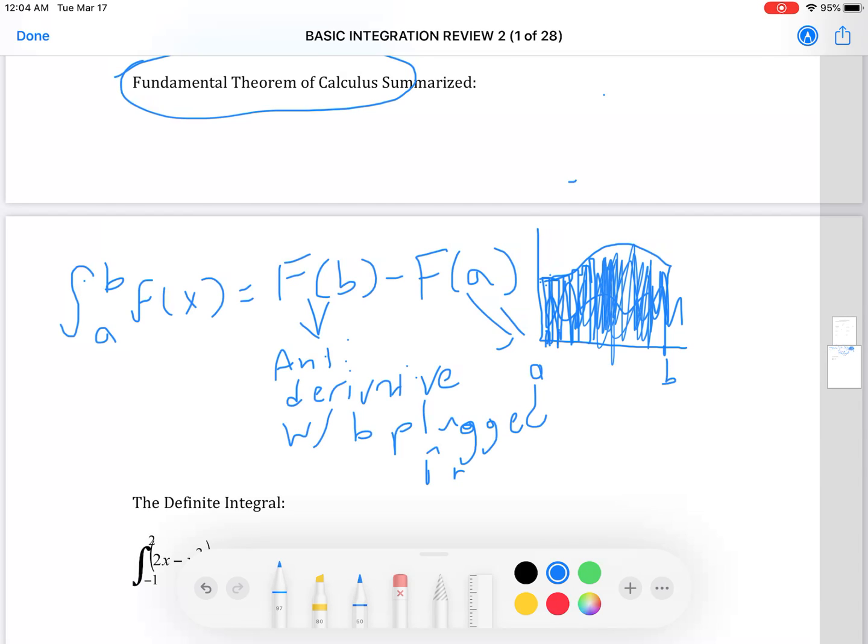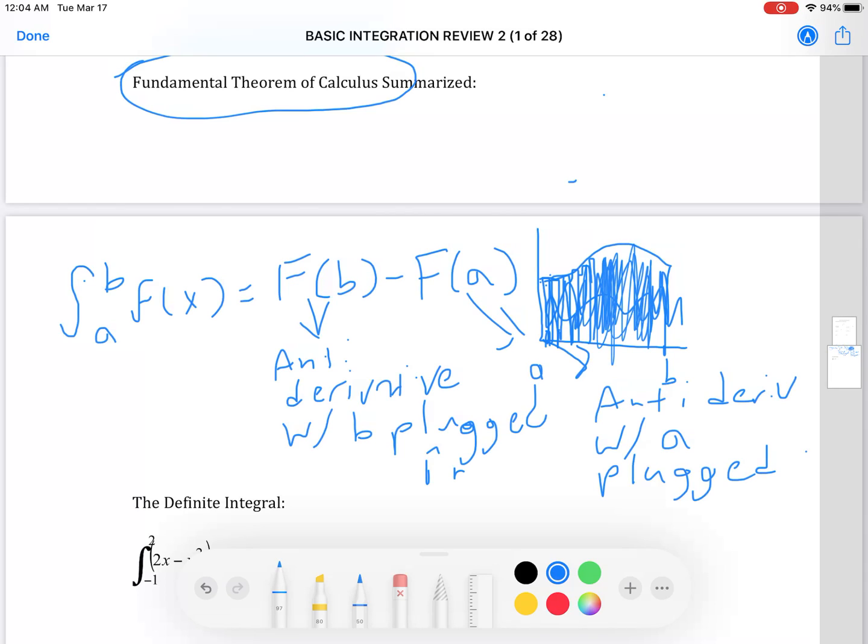And capital F of A, well, capital F is still the antiderivative, but you're going to plug in A.